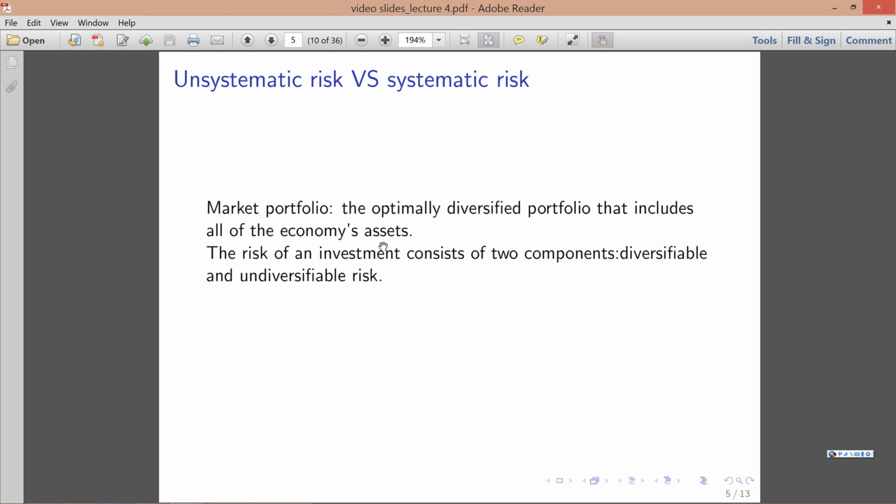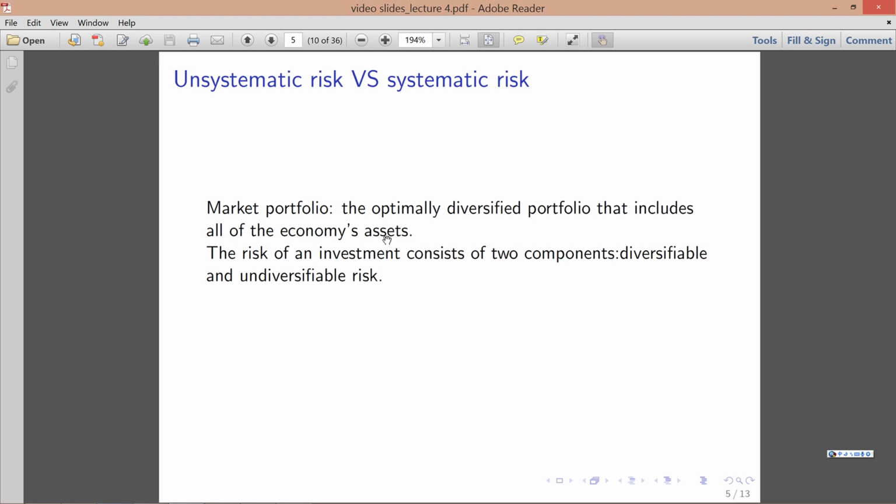When it's raining, you get to sell a lot of umbrellas, and when it's sunny, you don't get to sell any umbrellas. So each asset has the risk of weather condition.